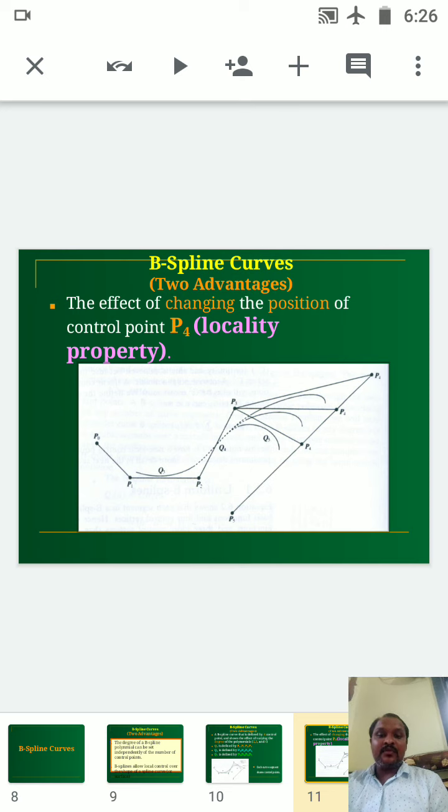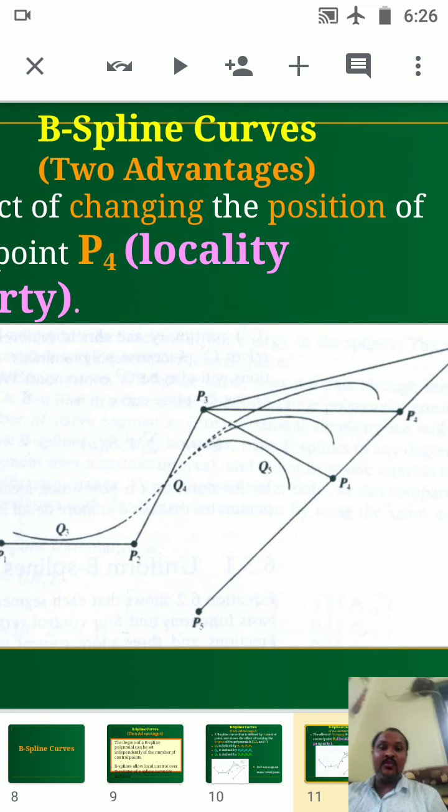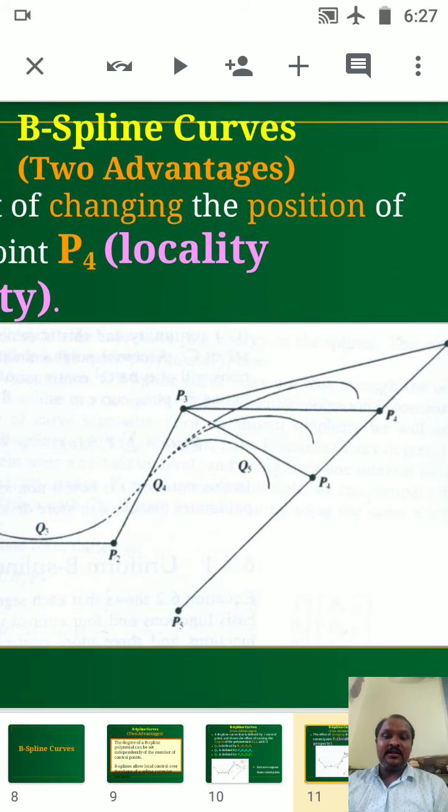Means at P4 we are changing the curve segment. Let us see here. Q4 and Q5, as shown in the diagram. So from Q4 we are changing the curve section. One thing will be going towards the first, second and third curve sections. So as compared here, the position of P4 will give you various positions in the B-spline.